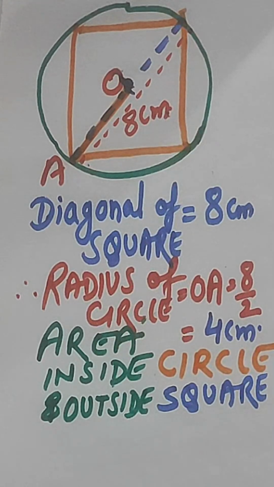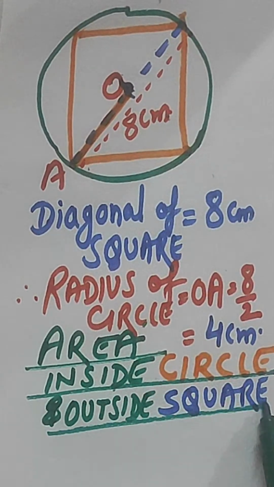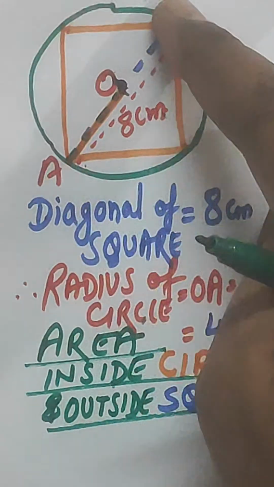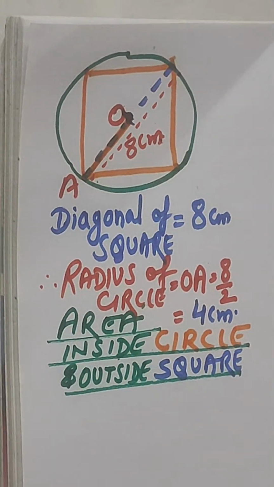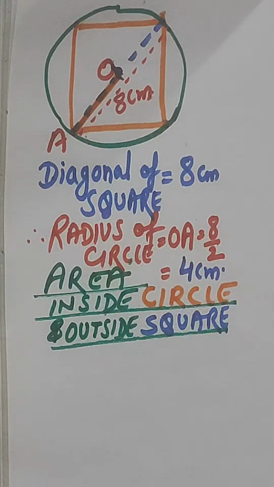That needs to be calculated. Area inside circle, outside a square. So definitely this will be the area of the circle minus area of the square, right?